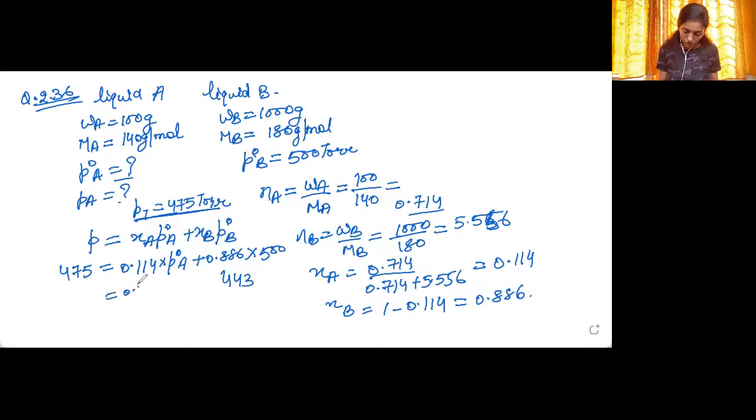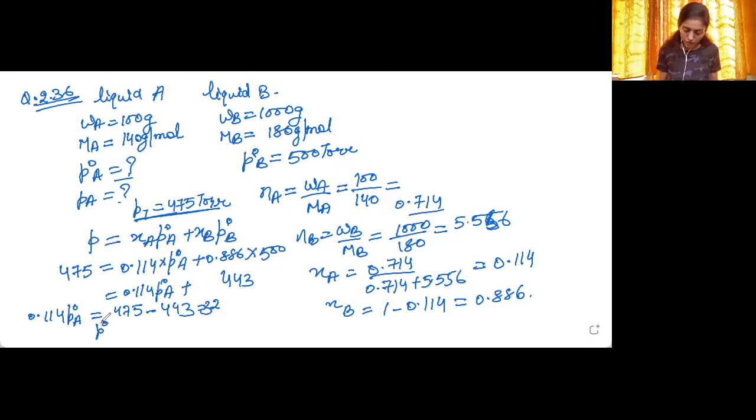So it is 0.114 P naught A. So I can just write 0.114 P naught A is equal to 475 minus 443, which is equal to 32.